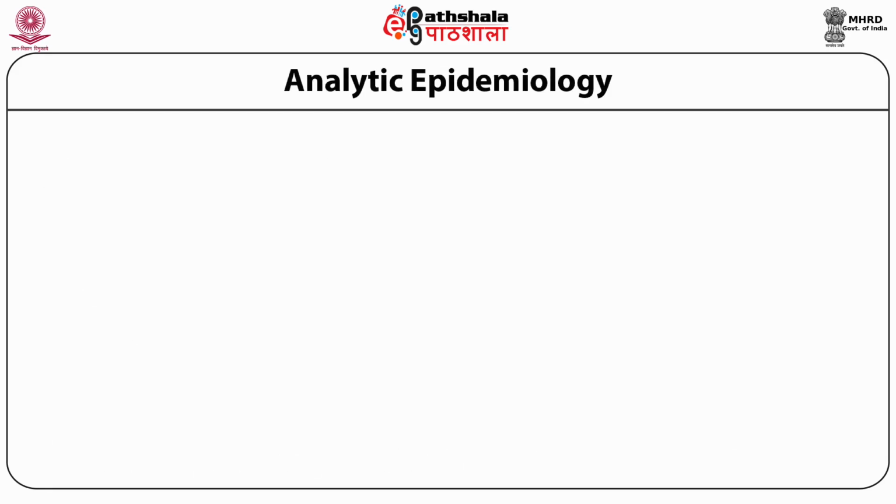Analytic epidemiology. Descriptive epidemiology is concerned with what, whereas analytic epidemiology is concerned with why. Thus, descriptive epidemiology is what leads to analysis, why, as good description provokes the why.